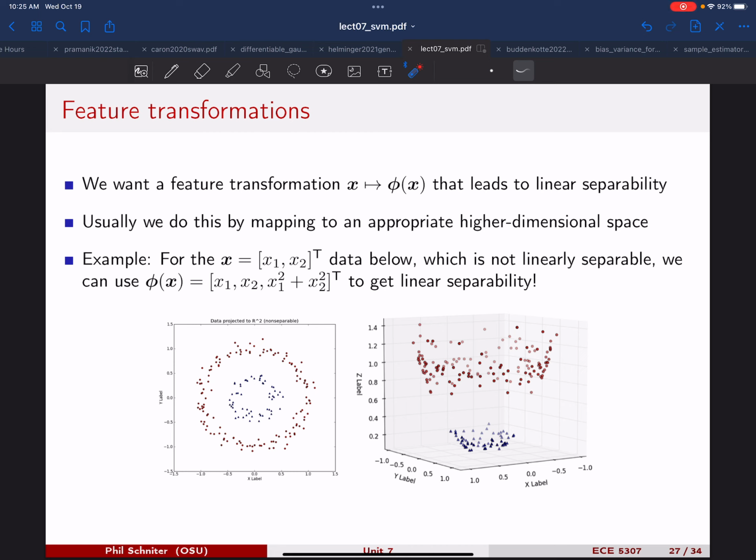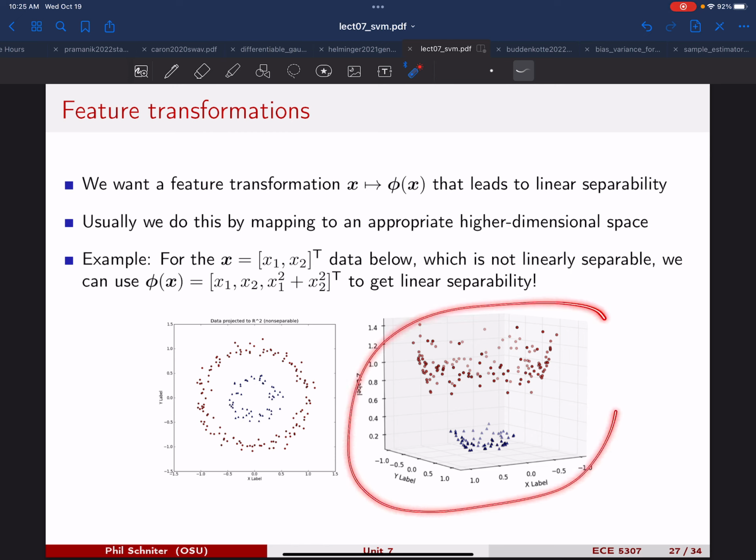Okay, so what about if I add one more feature that takes the first squared and the second squared? So clearly that is the squared radius from the origin. So in this case, the origin is here. And you can see that that third feature is just going to measure how far you are out from there. And what's nice about that is you can see that all the blue points have a small radius and all the red points have a larger radius.